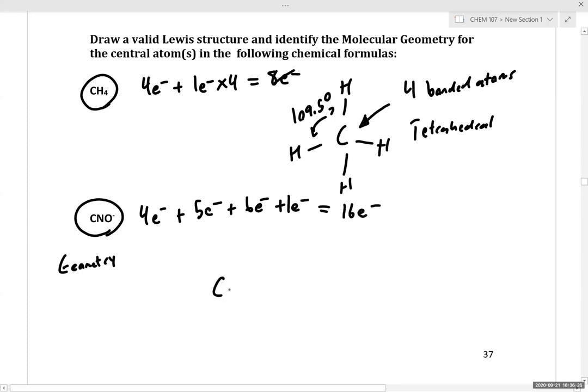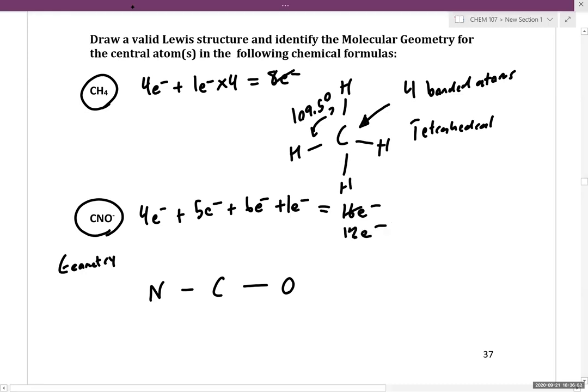We put carbon in the center and surround it with nitrogen and oxygen. There's another potential structure that puts nitrogen in the center, but that doesn't follow our rules, and we'll talk a little bit about that structure one step at a time, first and foremost. So from our skeleton, we form 1 bond each. That gives us 12 electrons.